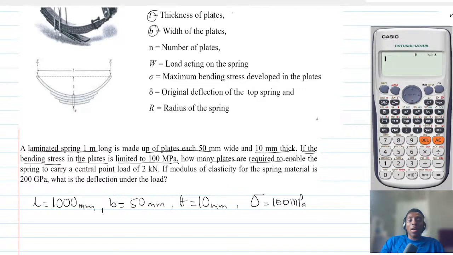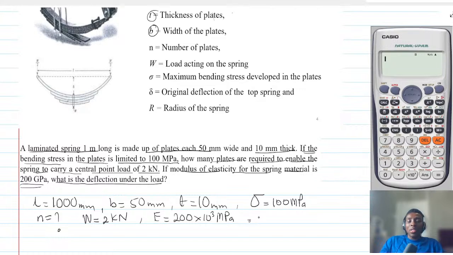how many plates are required to carry a central point load W of 2 kilonewton? Now, if the modulus of elasticity of the spring material is 200 GPa, which is the same as 200 times 10 to the power 3 megapascal, what is the deflection?